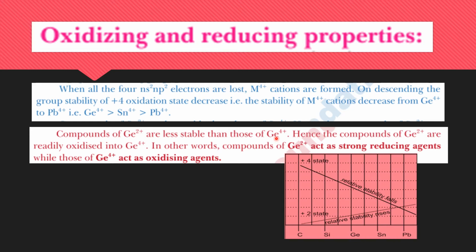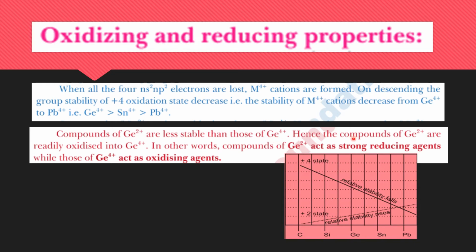If we consider the cations, we can see that the +4 oxidation state is not preferred, decreasing down the group. But when these elements are in the form of compounds, the +2 oxidation state compounds are less stable as compared to the compounds in which the element has the +4 oxidation state.